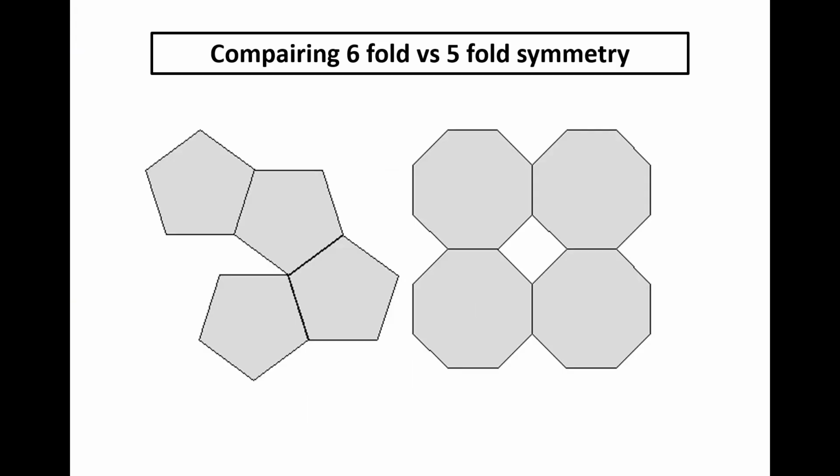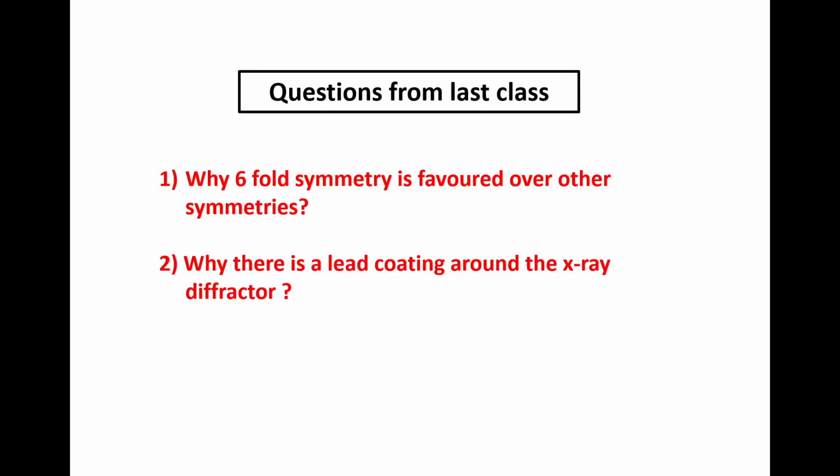Okay, so the next question that we discussed is why there is a lead coating around the X-ray diffractor. We discussed last class the different X-ray diffraction sources. There I said that in the X-ray diffraction sources, X-rays are emitted from the anode, while from the cathode the electrons are ejected at a speed near the speed of light, and there is no obstruction in between since there is vacuum inside.